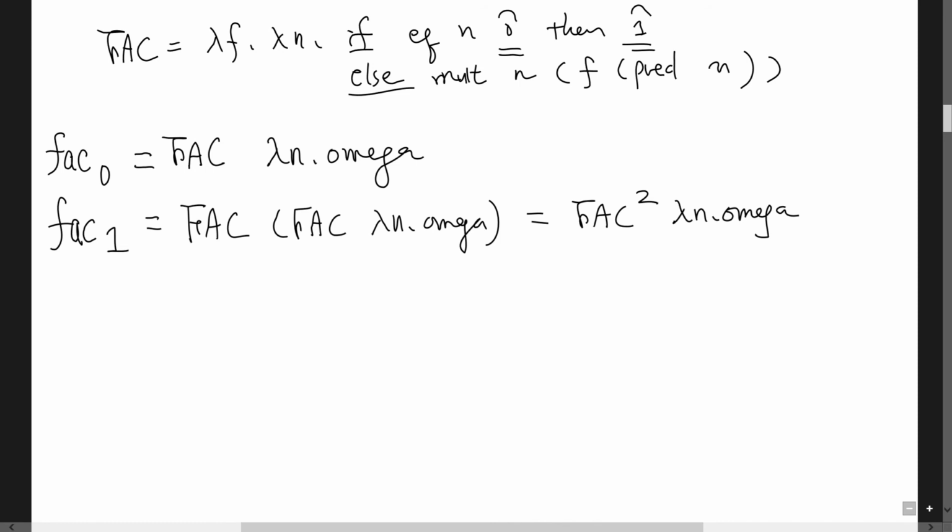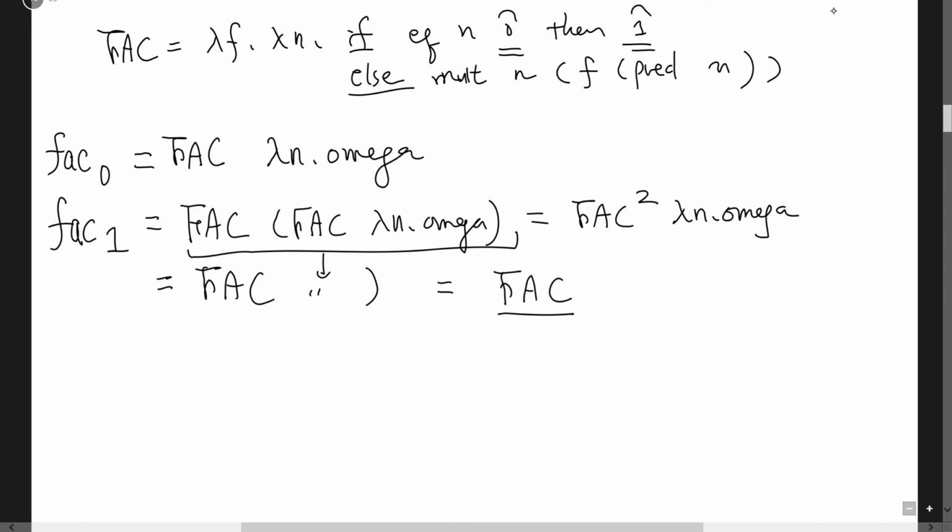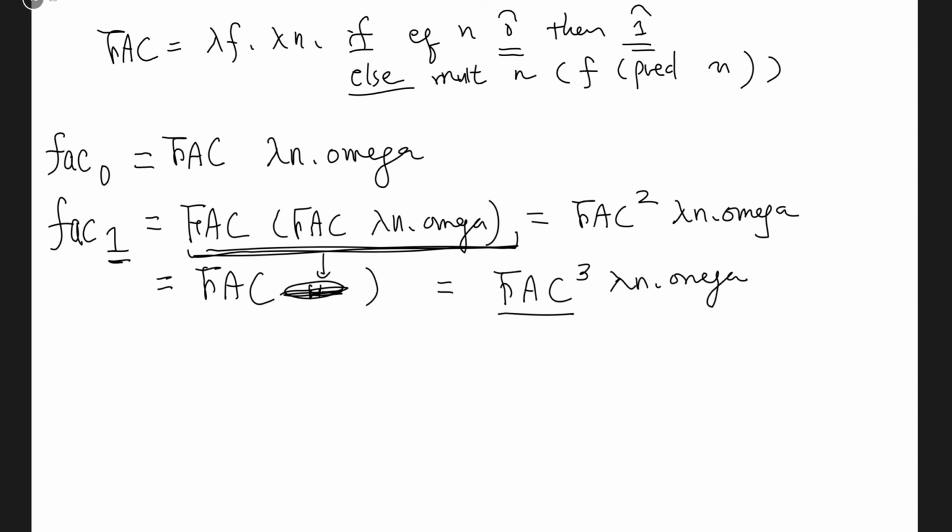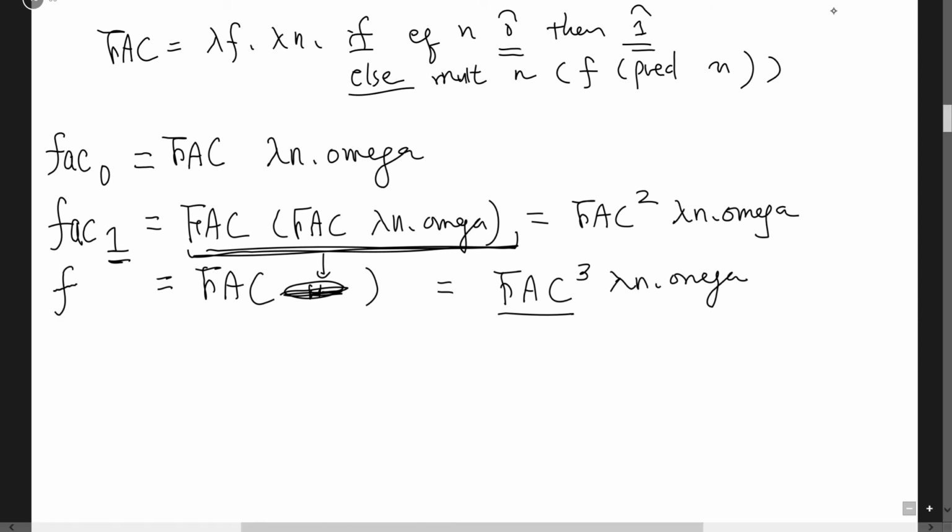Now let me apply this capital factorial function one more time to this expression. That is, we apply the capital factorial function 3 times to this lambda n dot omega. Then this function calculates factorials correctly for up to 1. As a result, now we get a slight improvement, which calculates factorials correctly for up to 2.